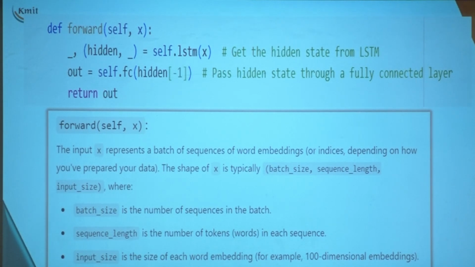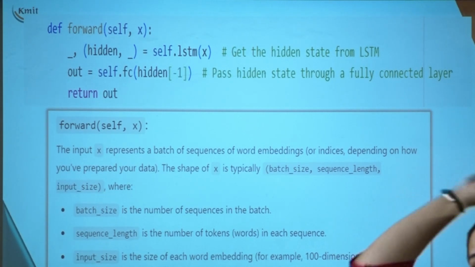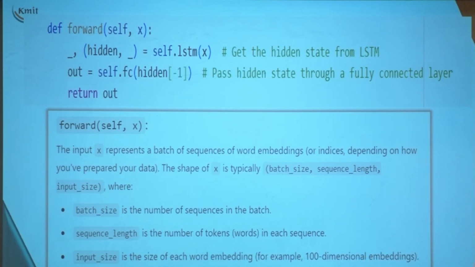X, you will pass. Now, you will pass X in the forward pass. X is actually in the form of sequence length, input size, but apart from that, the first prefix is your batch size, because you remember I set batch first to true.